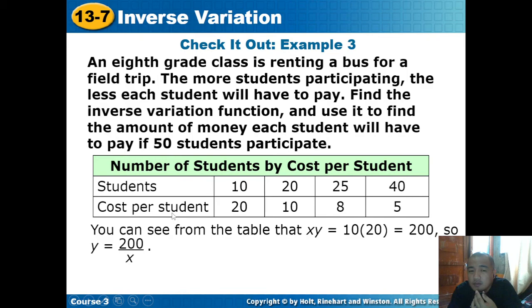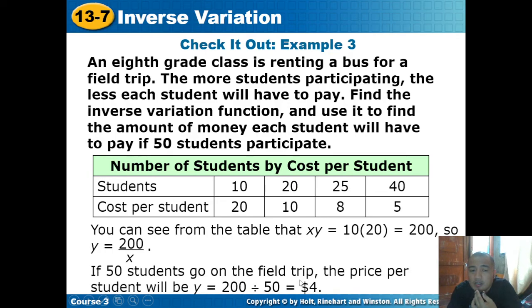We're trying to find y, the cost, with 50 students. So we'll just divide 200 by 50. It is $4 only, or 4 pesos.